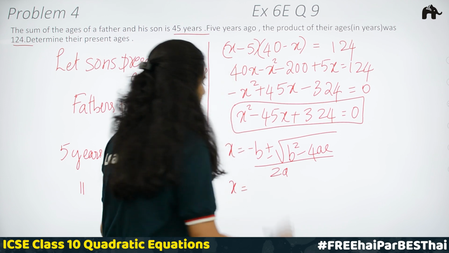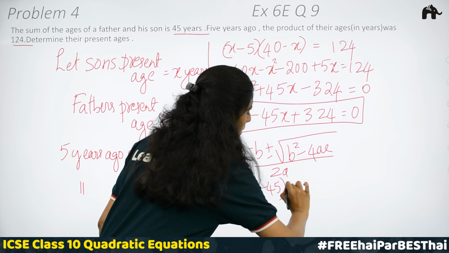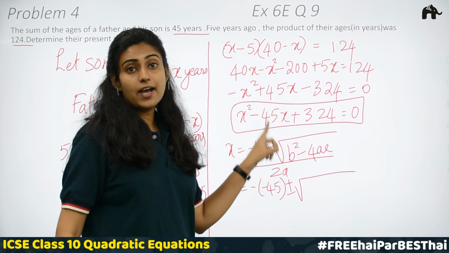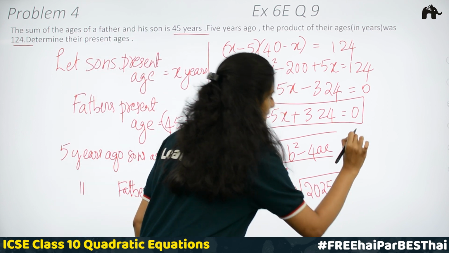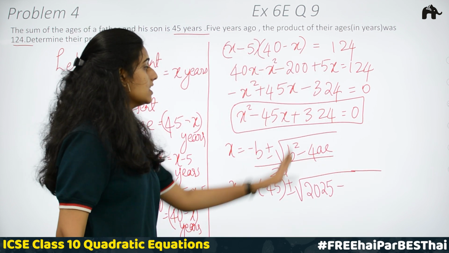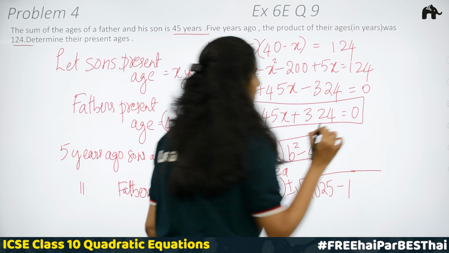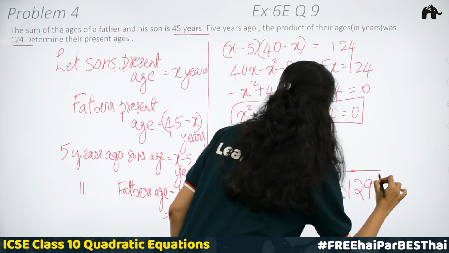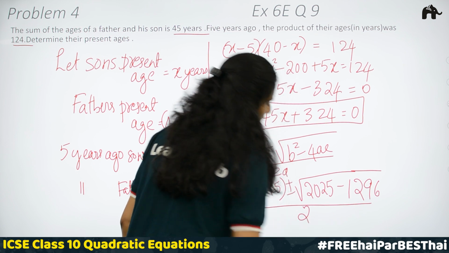Substitute the values. x is equal to minus of minus 45, plus or minus root of minus 45 whole square, that is 2025, minus 4ac. Here a is equal to 1 and c is 324. 4 into 324 is 1296. Whole divided by 2a, 2 into 1, that is 2.